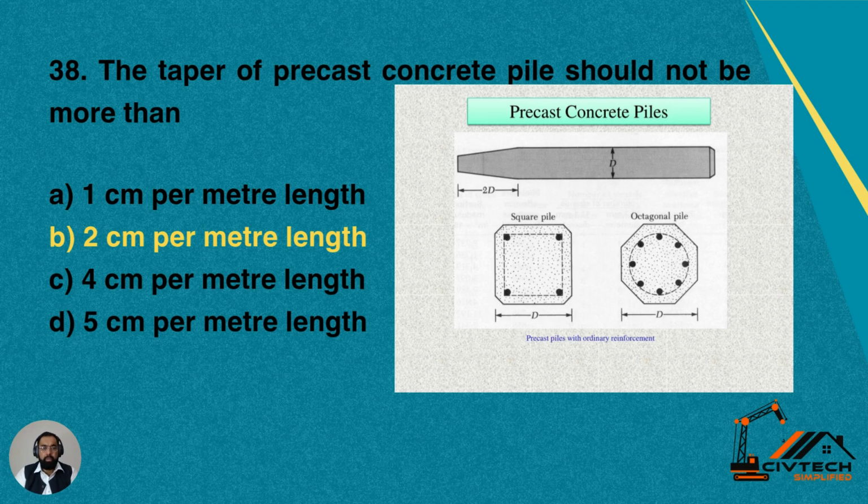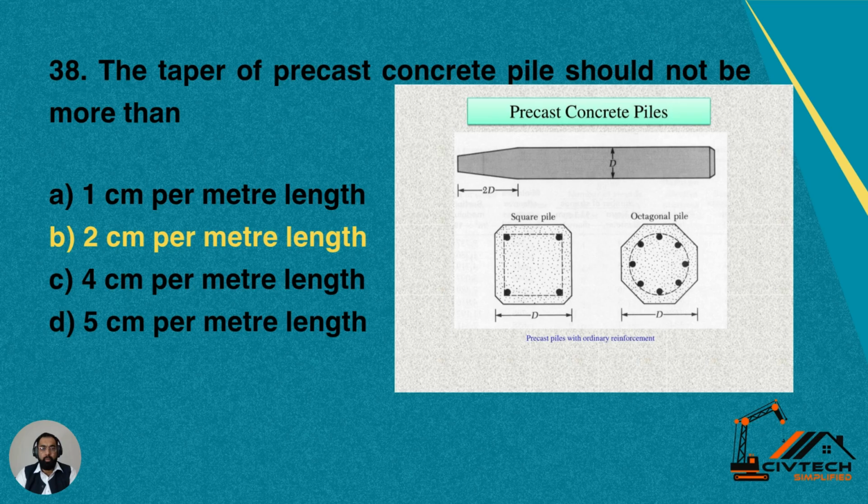Question 38. The taper of a precast concrete pile should not be more than, where taper means reducing the diameter of the pile towards the conical edge from the top to the bottom. So the question is what should be the standard provision for tapering of a precast concrete pile?